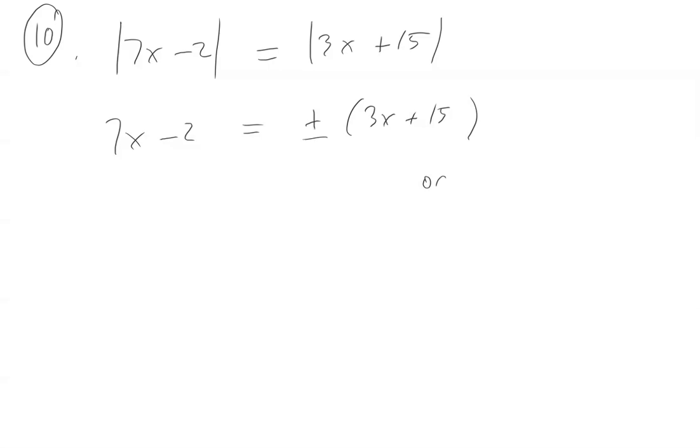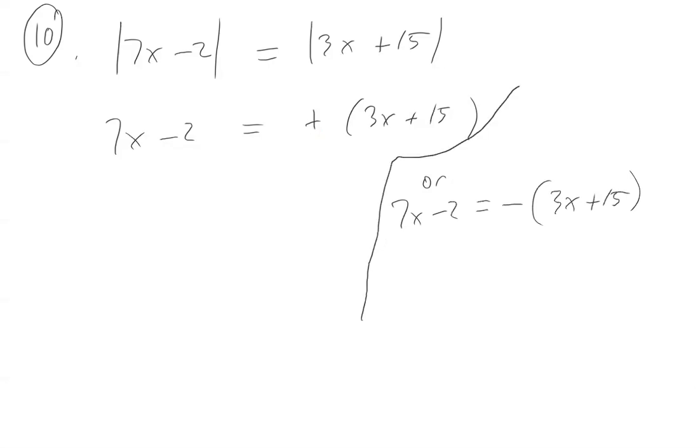But that would get kind of complicated. So instead of saying positive or negative, I'm just going to say or, and then I'll say 7x minus 2 equals negative 3x plus 15. So that makes it a lot easier to keep track of. So I'm going to divide those two equations into two different problems.